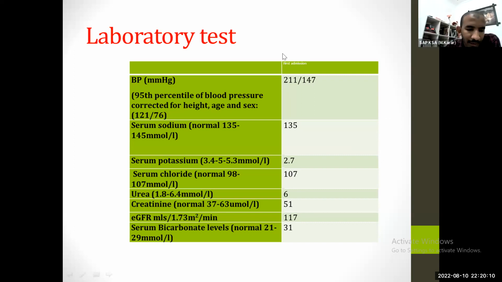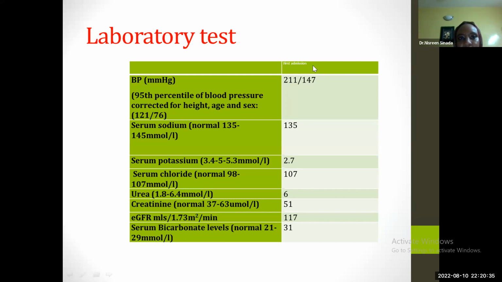Nisreen, some people are writing Liddle. Yeah, I said that Liddle syndrome is one of the differentials for this patient, and also hyperaldosteronism. One wrote hyperaldosteronism. So the differential is between Liddle syndrome and hyperaldosteronism, either primary or secondary.